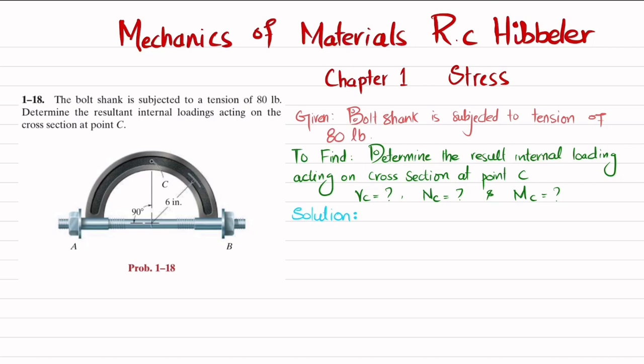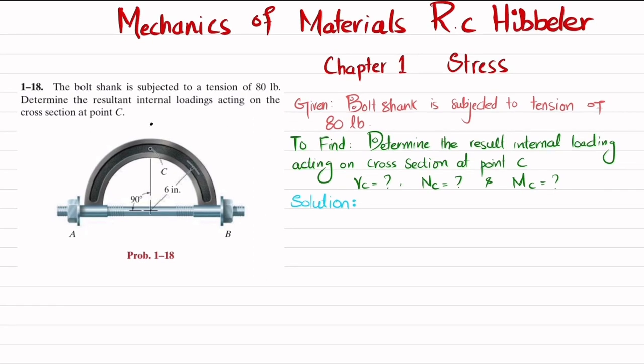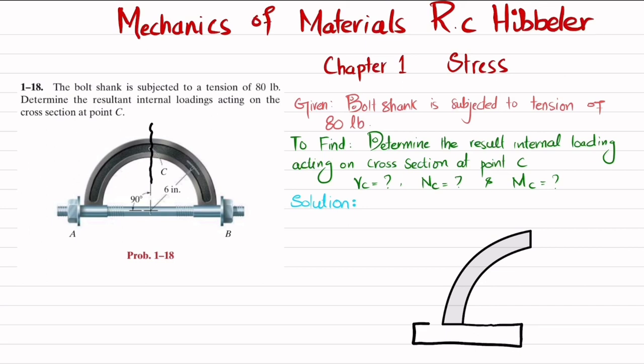So let's start with the solution. The first step is that we cut this at point C and draw the free body diagram. So first I will draw the free body diagram. It will be like this. So this is your point C, where you have a normal force when you cut it, and this normal force will be NC.